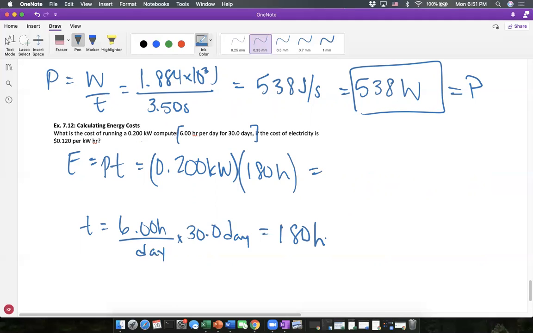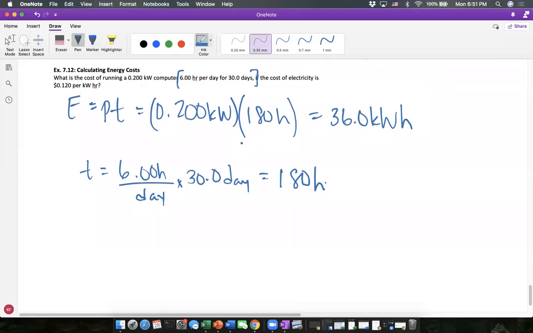Now for our amount of energy, we get 0.2 times 180. We get 36 kilowatt hours. So this is the amount of energy that will be output. Now I want to know the cost of that.